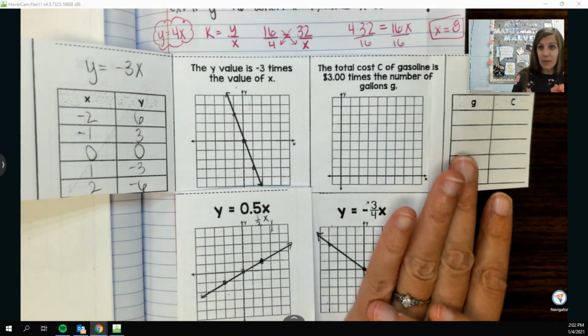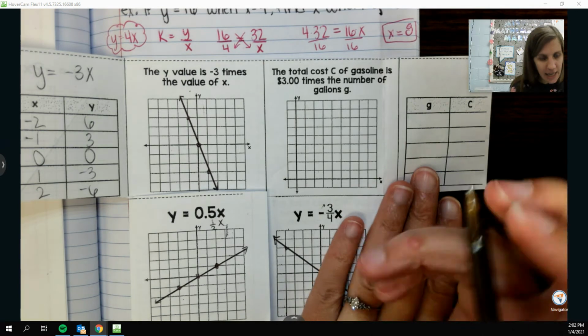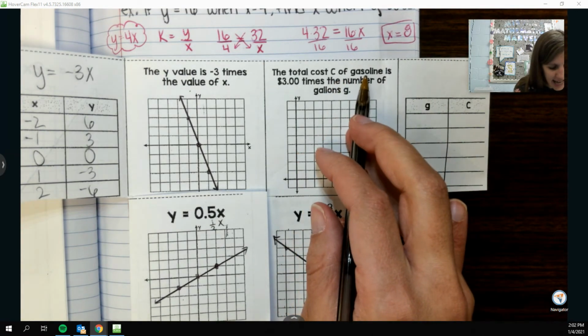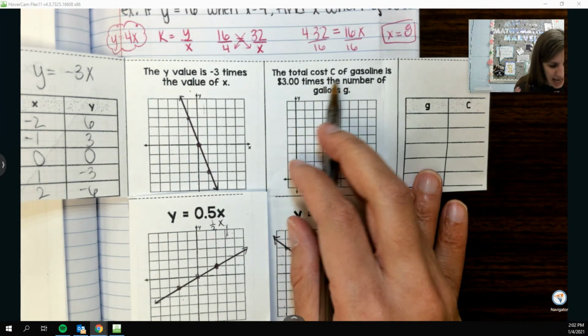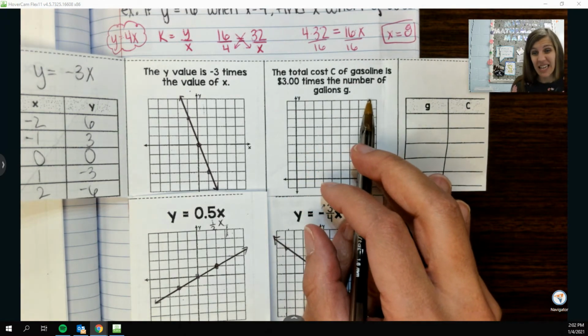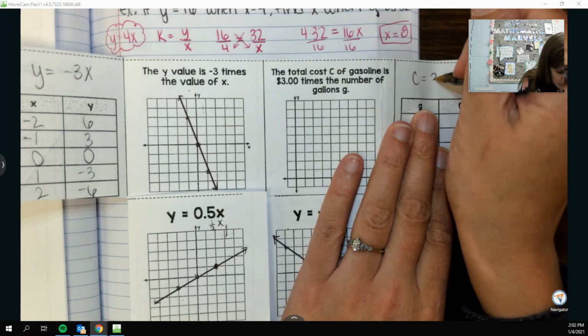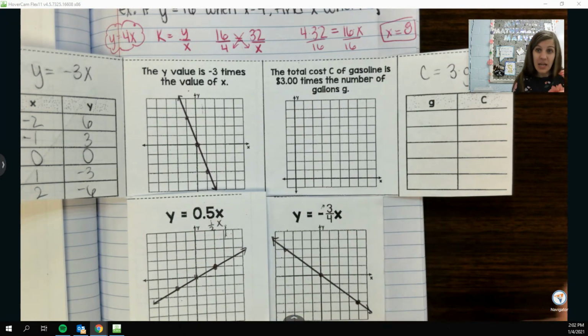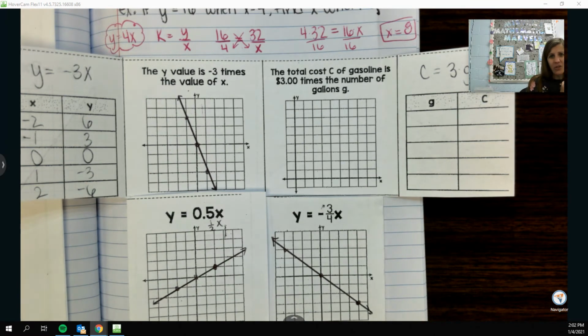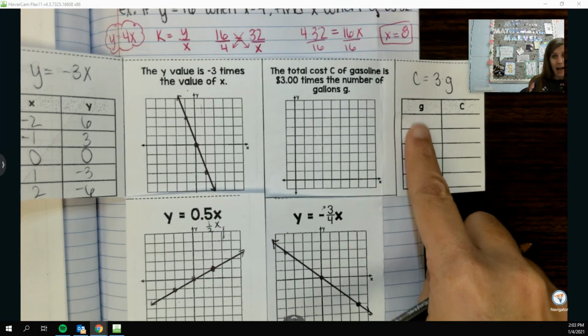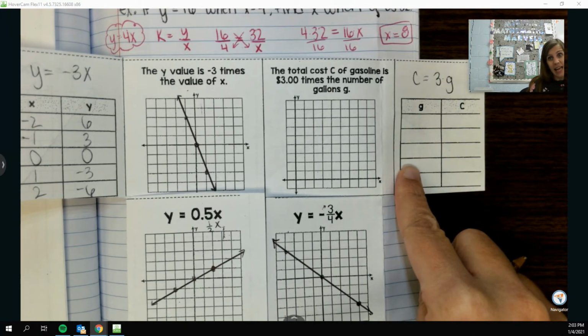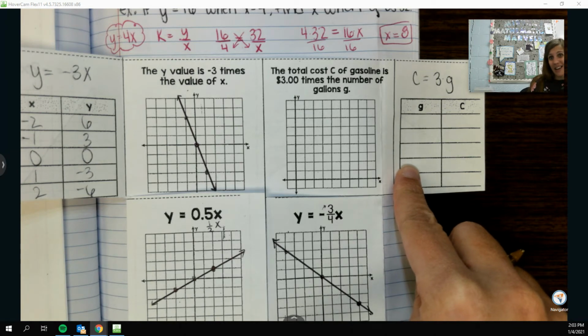Another example could be a little bit more like real life. So the total cost C of gas is $3 times the number of gallons that I get. Ooh, that's expensive. It used to be that much. So C equals 3 times G. So very similar to the last one, although with this one, because it's talking about a real life scenario, I don't think it makes as much sense to pick negative numbers here because I'm going to pick the number of gallons of gas I would get, and I can't get negative gallons.